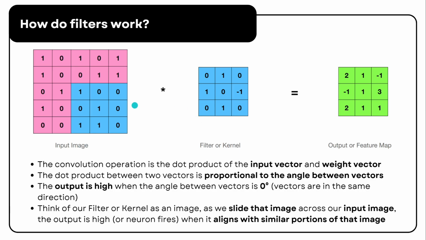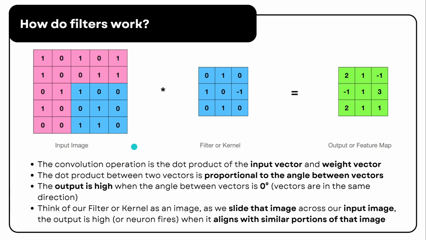Okay, so let's take a look at how filters work. So remember this filter as we slide it across the input image, usually with a stride of one, it produces what's called a feature map.